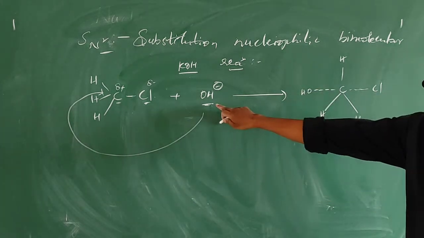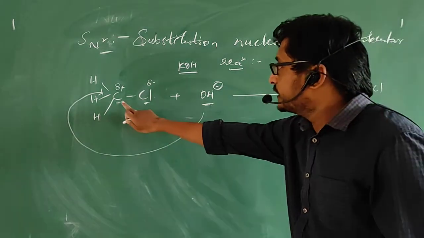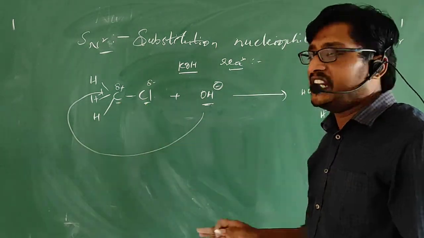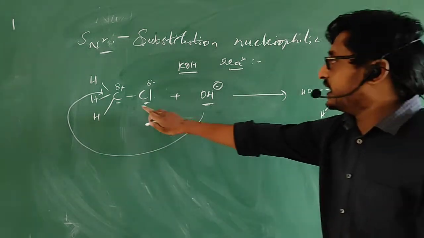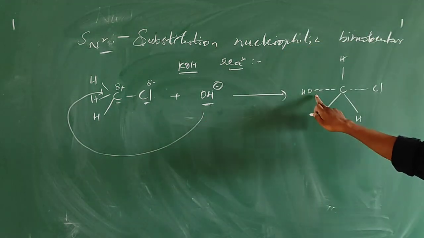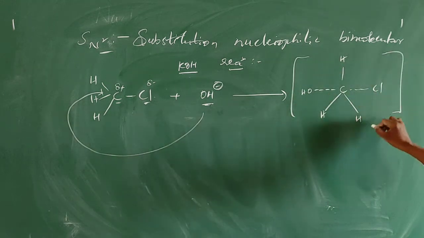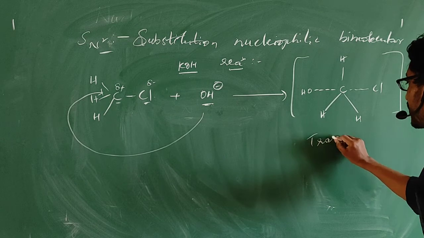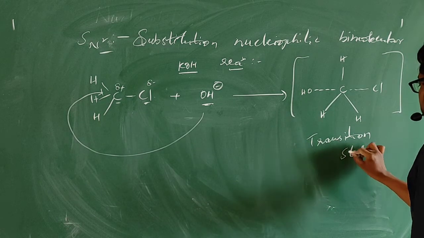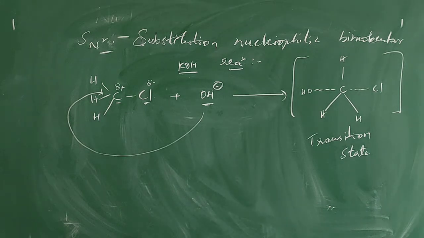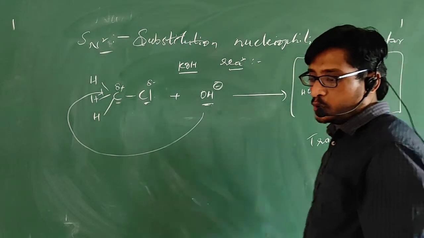As soon as the OH gets attached to the carbon, the bond between the carbon and the chlorine starts weakening, and a new bond between the carbon and the hydroxy group starts forming in this way. This is the transition state. In this transition state, if you observe, carbon is bonding with 5 groups.